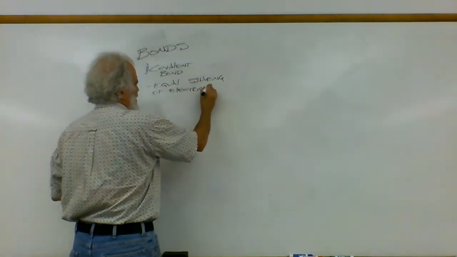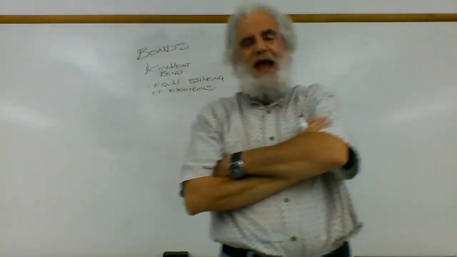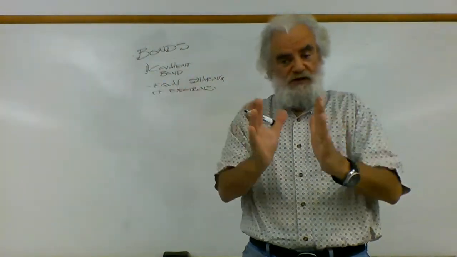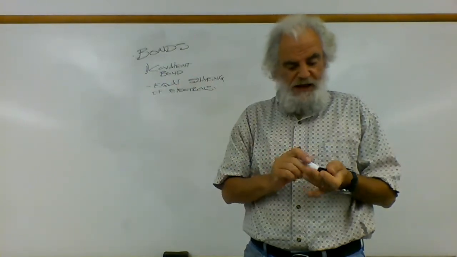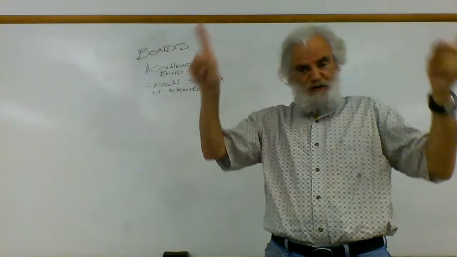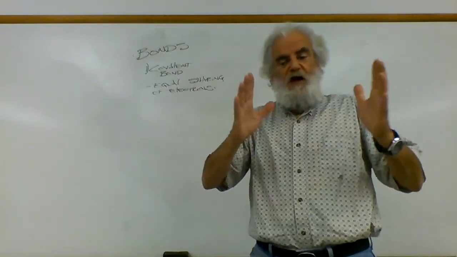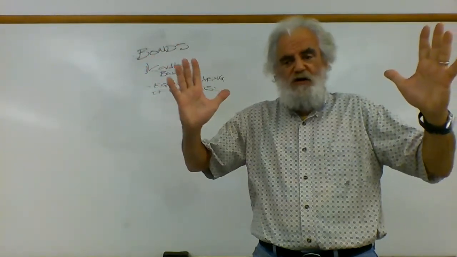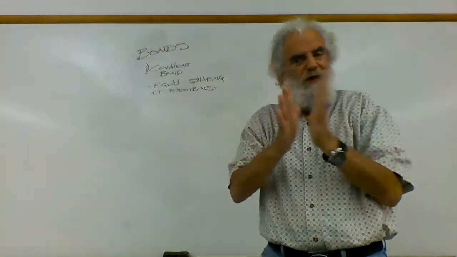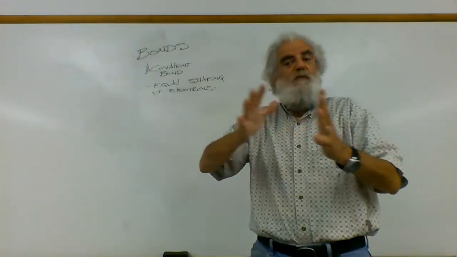Now, in order to get a covalent bond to form, we have to get two atoms very close together. And something to think about is the atoms are going to have electrons surrounding them. Those electrons have negative charge, and these two negatively charged particles are trying to interact with each other. You know, opposite charges attract, like charges tend to repel each other.